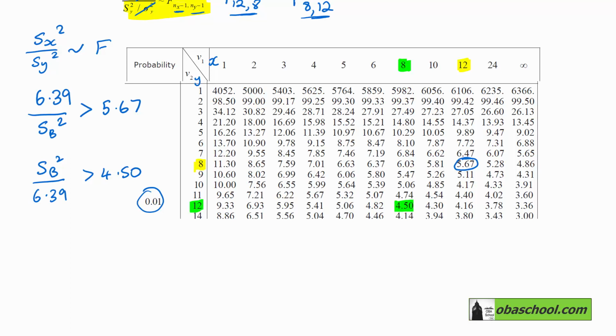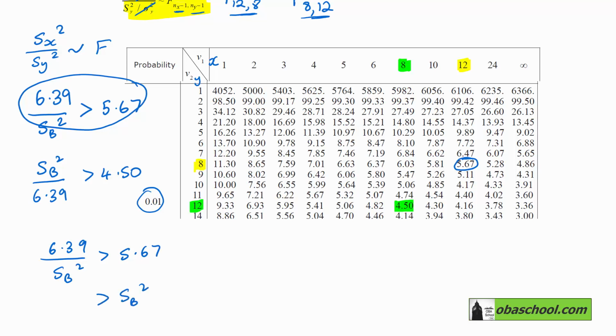So, working with the first one here. So we've got 6.39 over SB squared is greater than 5.67. And we can rearrange that to be that SB squared is less than 6.39 over 5.67.